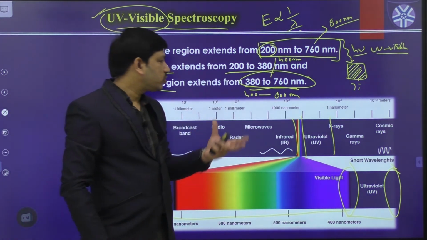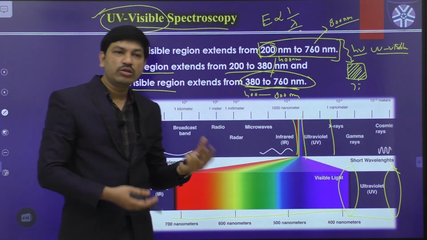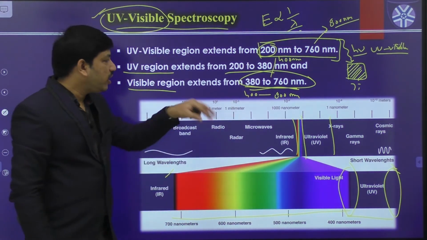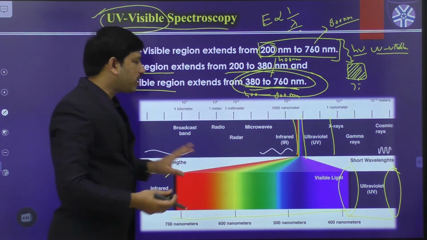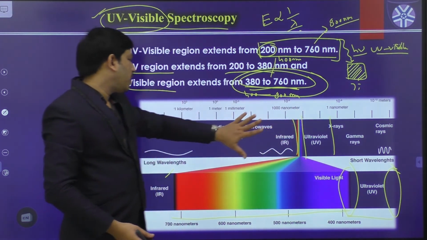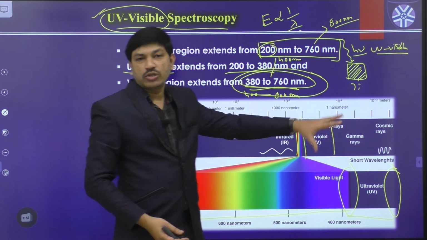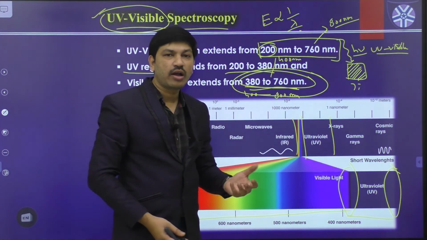So we have different colored compounds, and all of them absorb radiation from the visible light only. If any compound absorbs outside this region of the electromagnetic spectrum, like microwaves, radio waves, ultraviolet radiation or X-rays, we don't get any color for that compound. Those compounds are called colorless compounds.